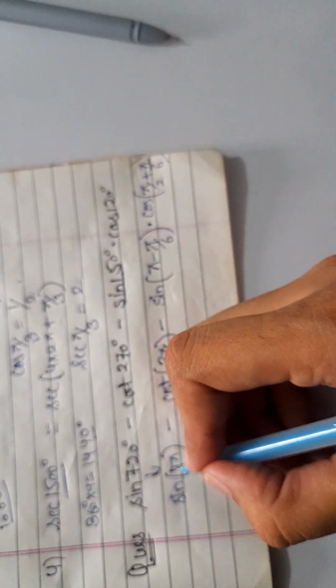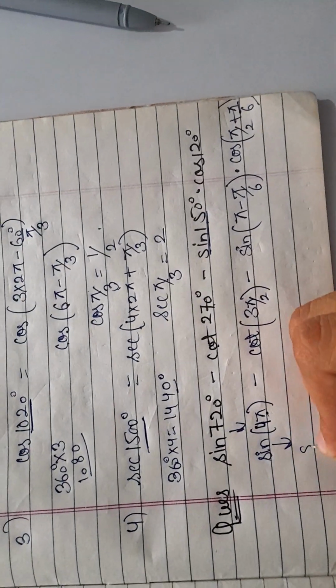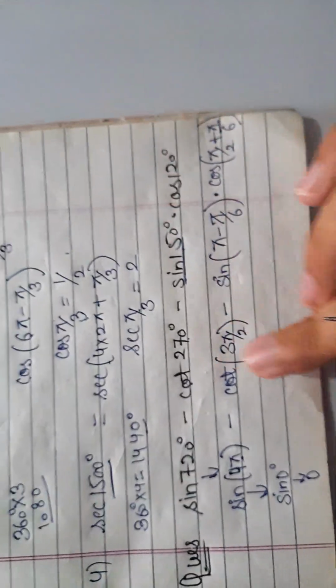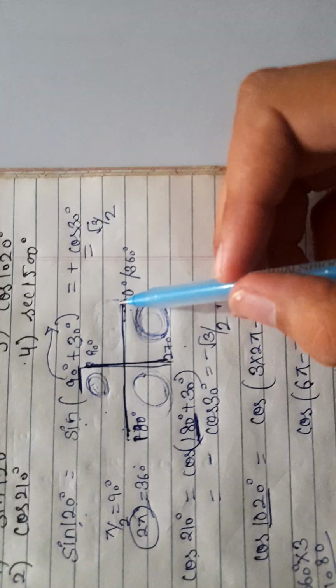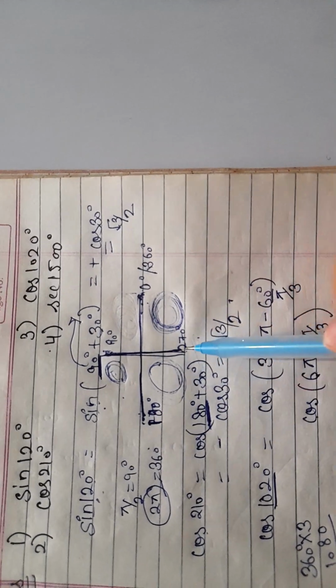Okay, 4 pi, there is no change, it will be 0, pi, 2 pi, 4 pi, it will be the same, means it is sin 0, and as we know sin 0 is 0. Cot 3 pi by 2: 0, pi by 2, pi, 3 pi by 2.